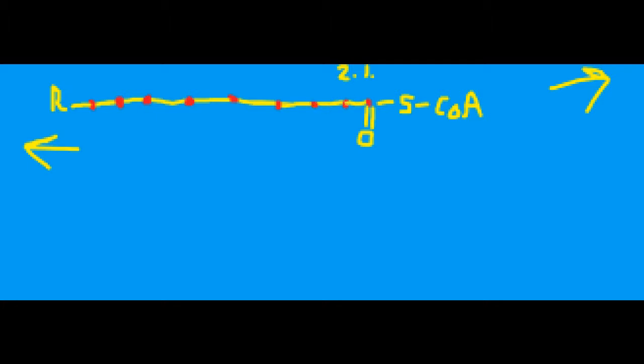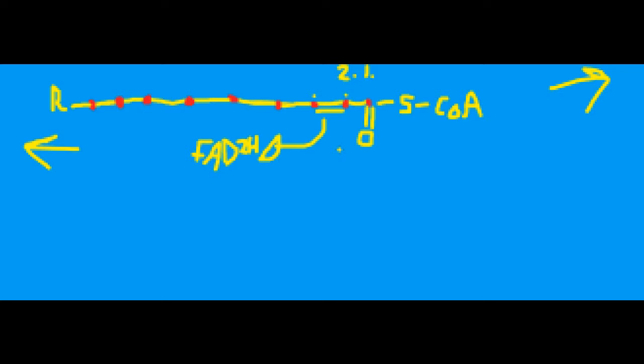Now a double bond is formed, so I'll just stencil that in, which means that there is a loss of hydrogen of 2. So then we get formation of FADH2, because there is a loss of hydrogen from here and here to allow the formation of the double bond. And that's the first thing that happens.